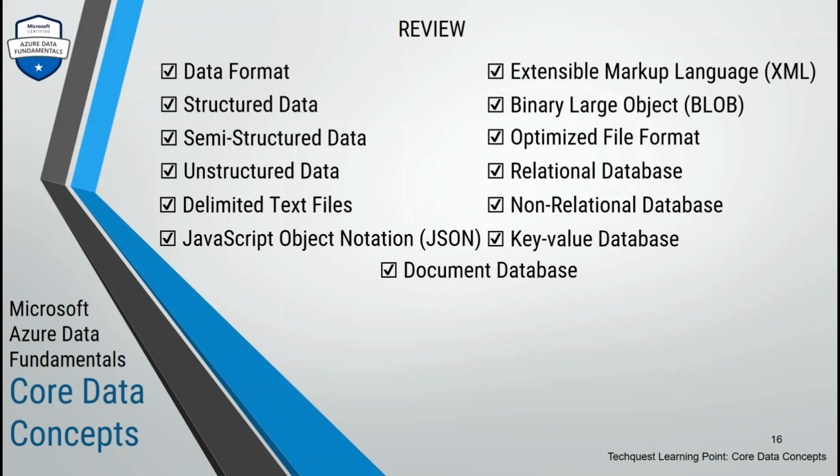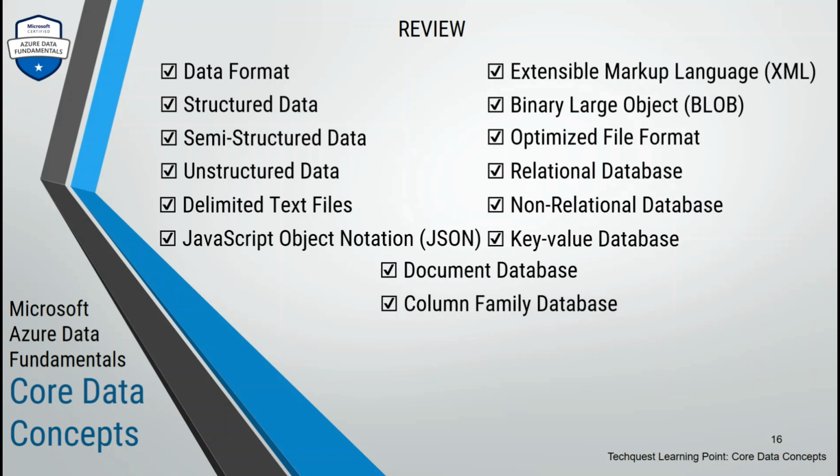Document database. A document database is a non-relational database, a specific form of key value database in which the value is a JSON document. Column family database. A column family database is a non-relational database which stores tabular data comprising rows and columns, but you can divide the columns into groups known as column families.